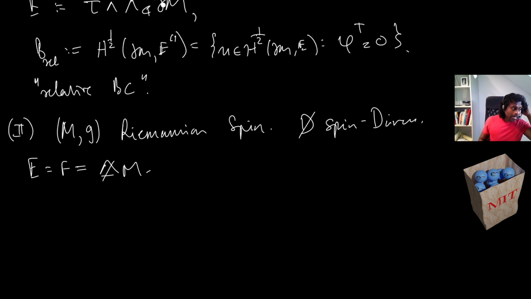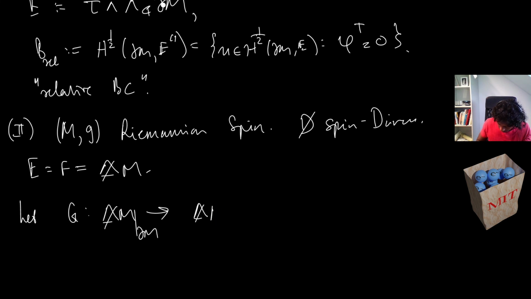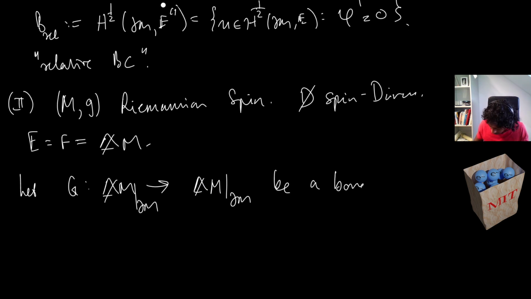So now we define, let G be a map taking us from the restriction of the bundle to the boundary, a boundary chirality operator.